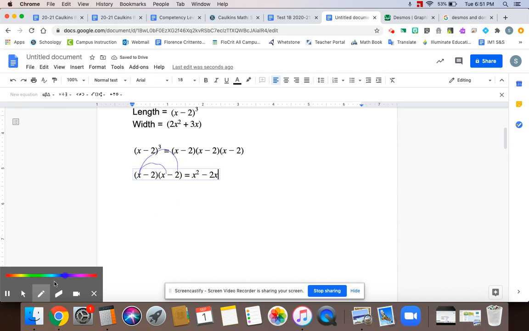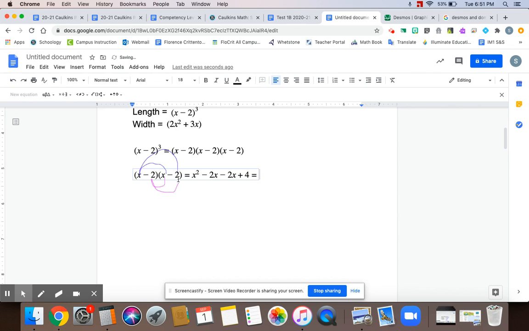My next step is I'm going to want to take so this first term went to everything in my next parentheses. So now the second term in my first parentheses needs to go to everything in my second parentheses and it has to multiply to both of them. So then when I do -2 times x for this one, I'm going to get another -2x. And then when I do -2 times -2, I'm going to get +4.